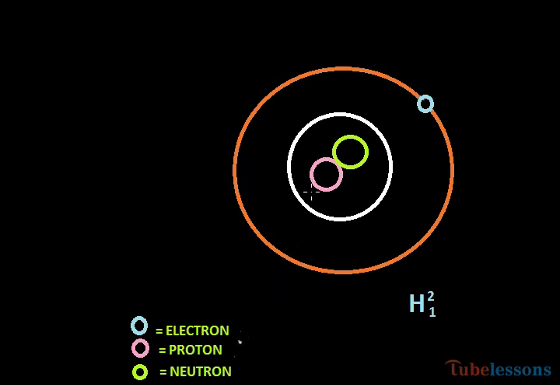In the nucleus, which is represented by a white circle, one proton and one neutron are present. And in the circular orbit, one electron is present, which revolves around the nucleus.